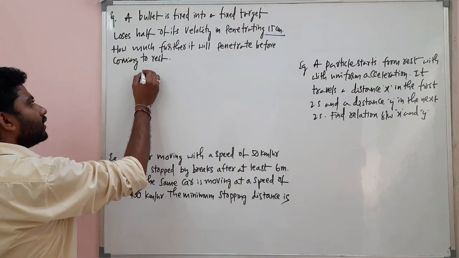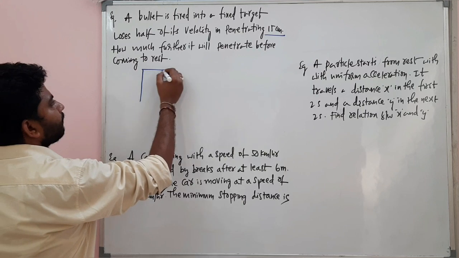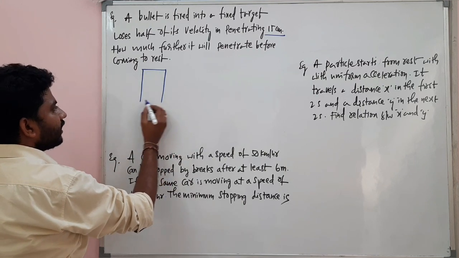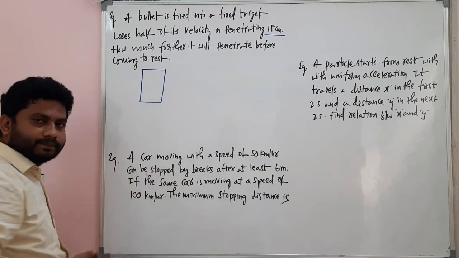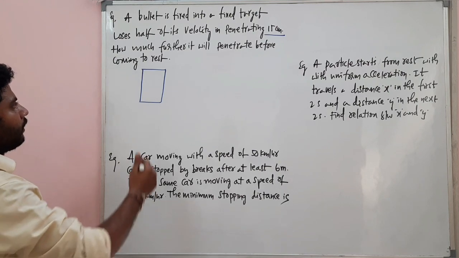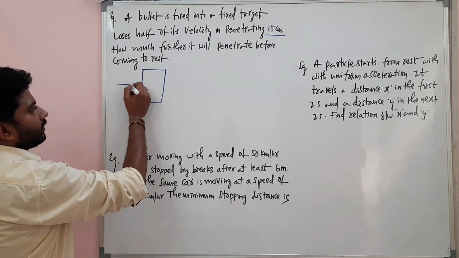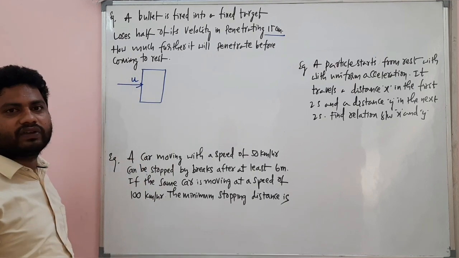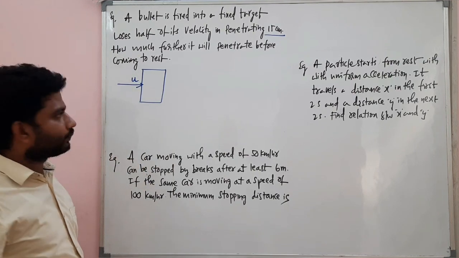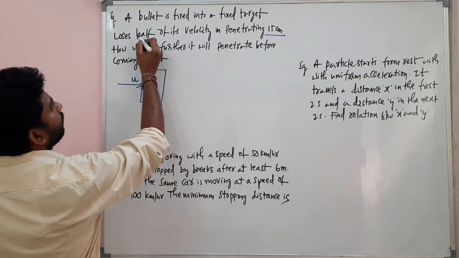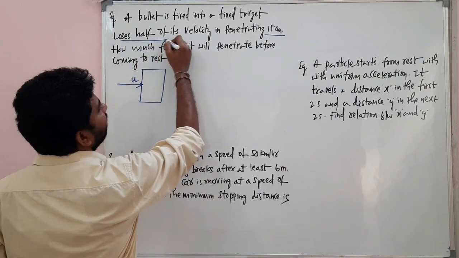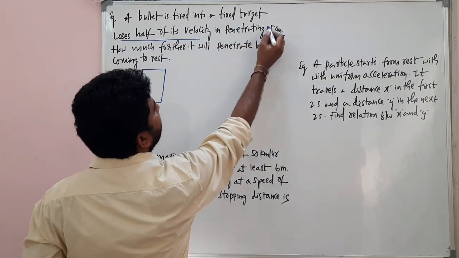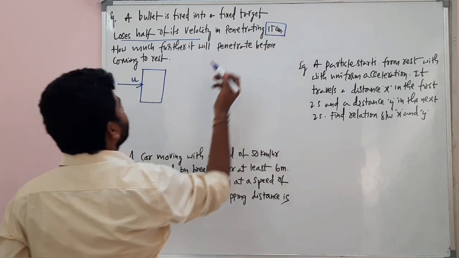So let us draw a simple basic diagram. This is the fixed target. A bullet is fired, and just before entering the target, it is moving with some initial velocity u. What happened? It loses half of its velocity in penetrating 15 centimeters.